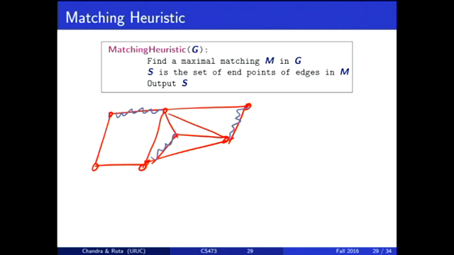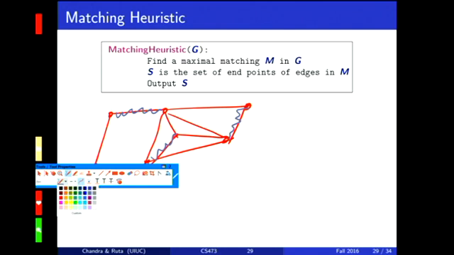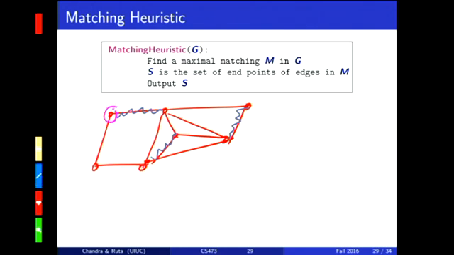I'm done. So what am I outputting? I'm outputting the endpoints of these edges: this, this, this, this, this, this.